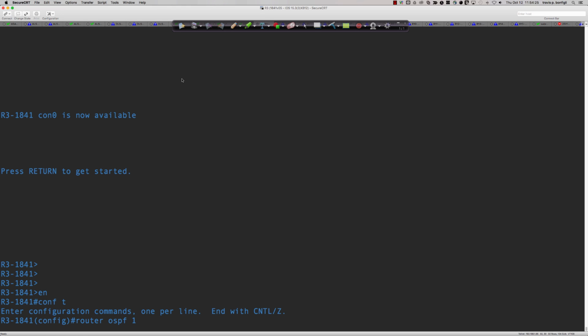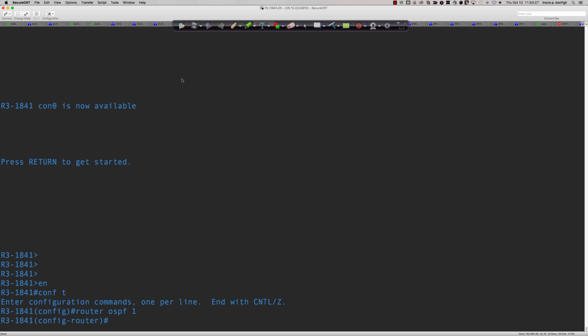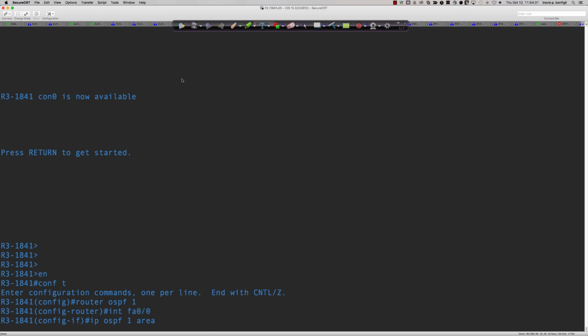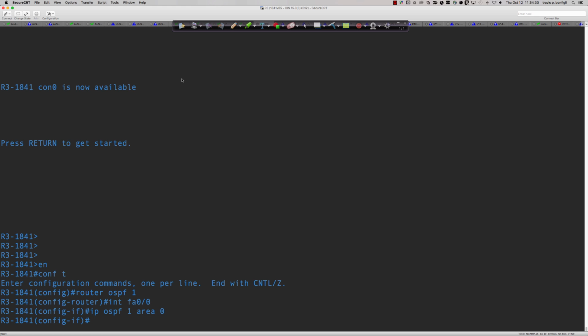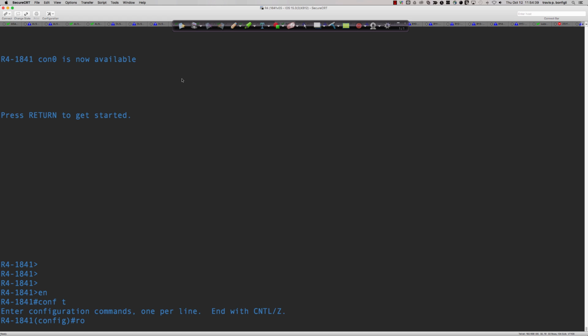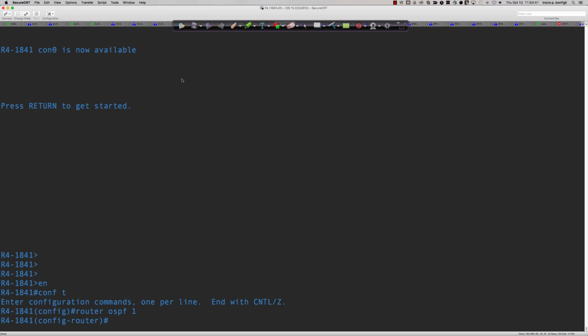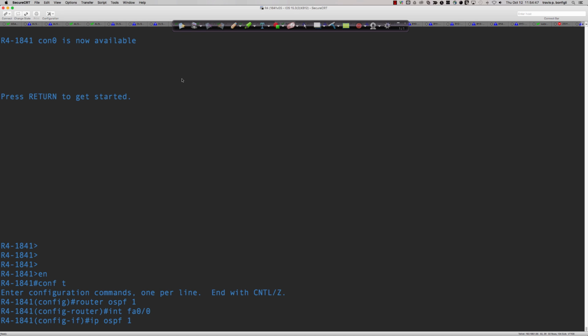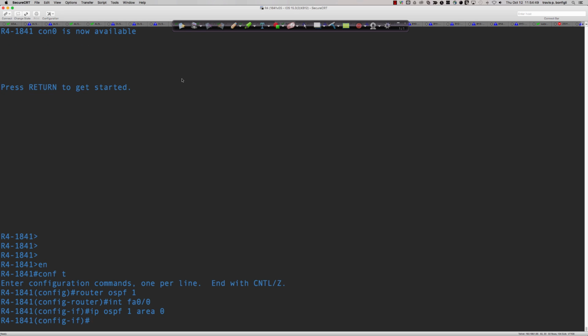So router OSPF 1, interface FastEthernet 0/0, IP OSPF 1 area 0. And then on to router 4. We'll get into privilege exec, global config, router OSPF 1. You'll notice I'm not setting the router ID here. Then we're simply going to say interface FastEthernet 0/0, IP OSPF 1 area 0.